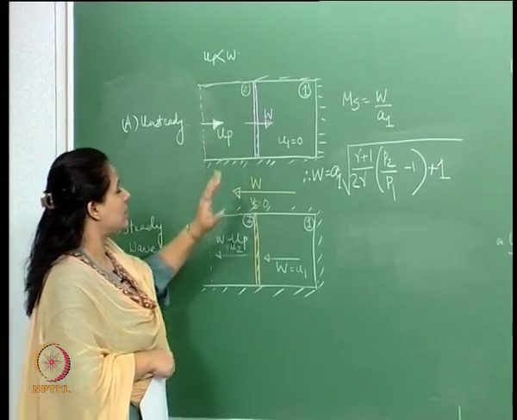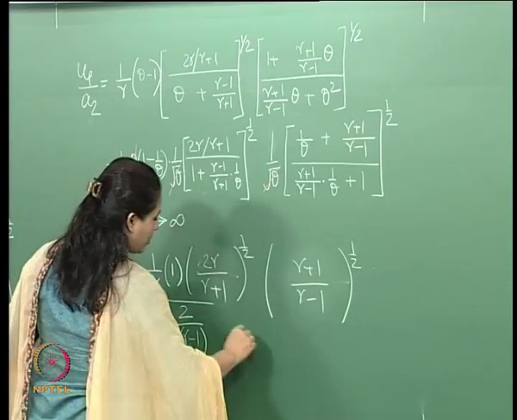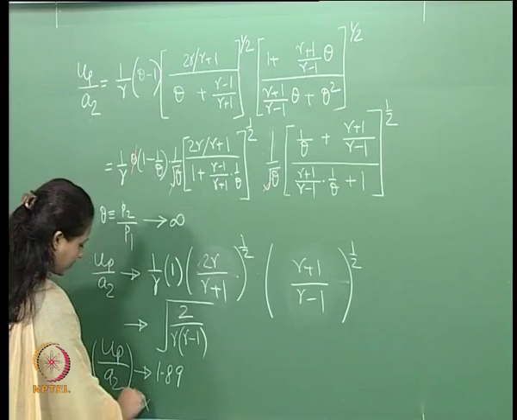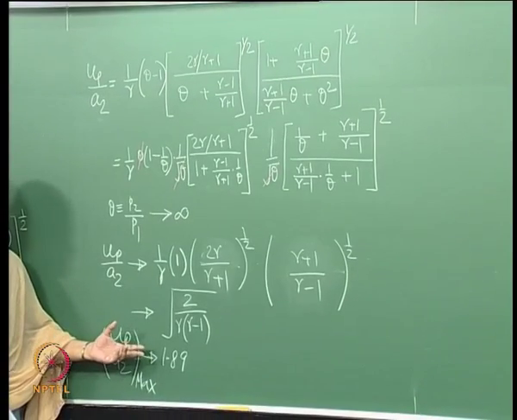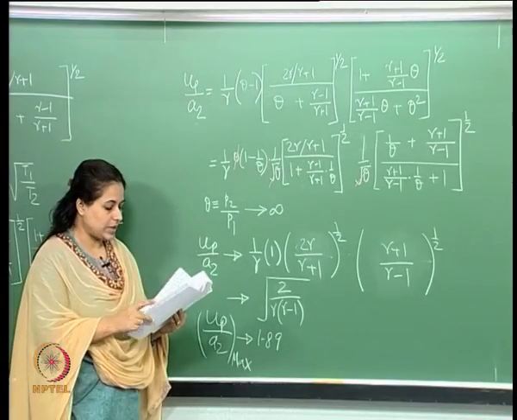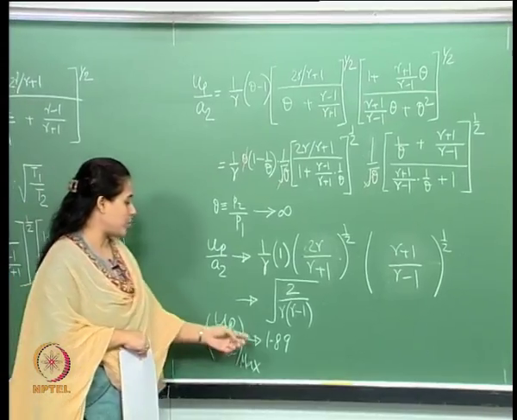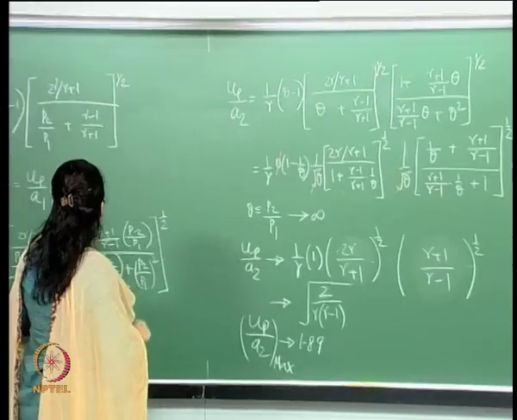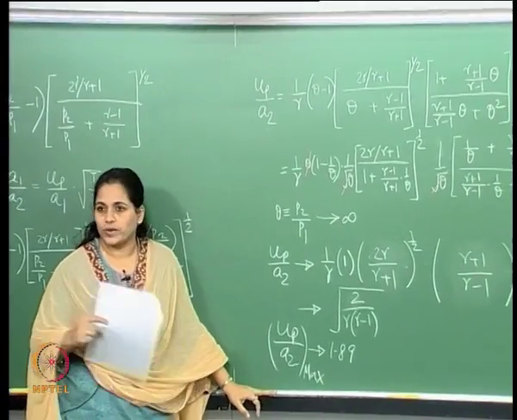Which means that the Mach number of the induced flow cannot exceed 1.89, which is less than 2 Mach. All right.